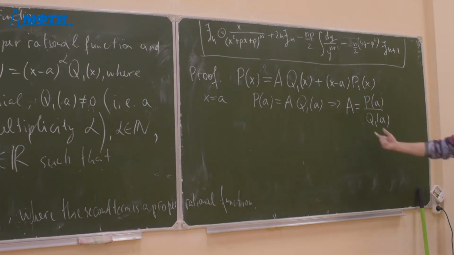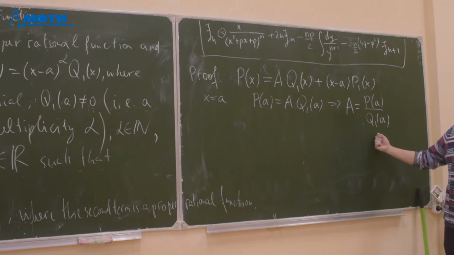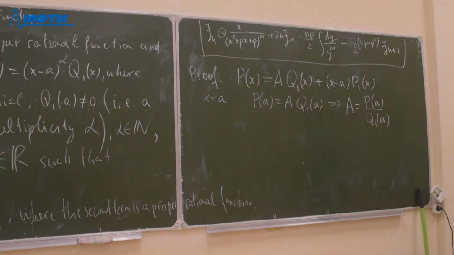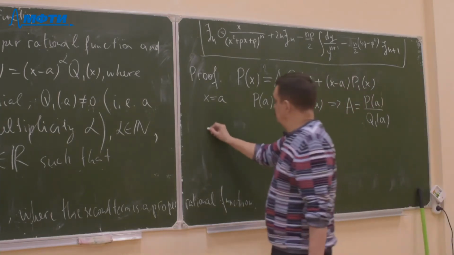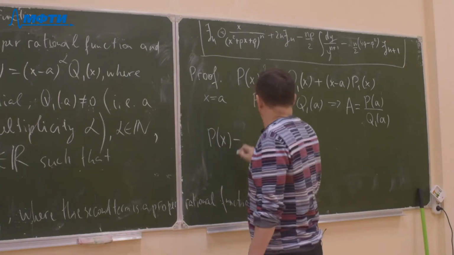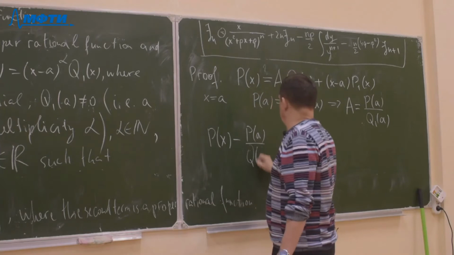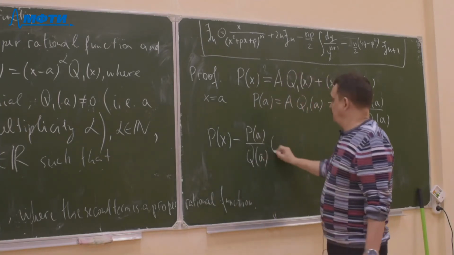So we have capital A, and if we substitute this number, then what remains? Look. We consider now P of x minus P of little a over Q1 of a times Q1 of x.